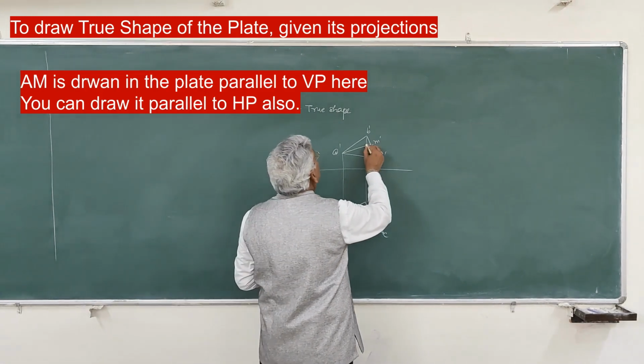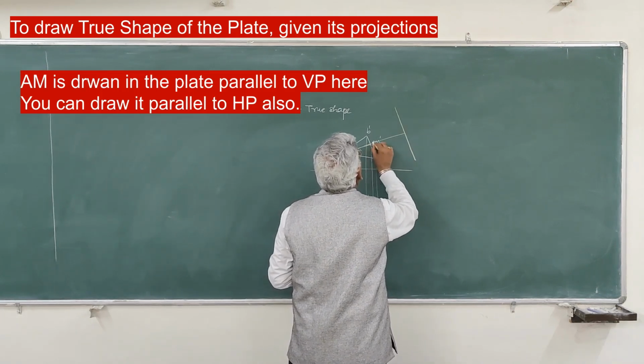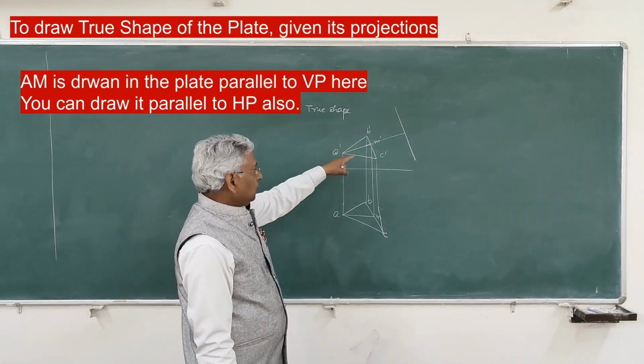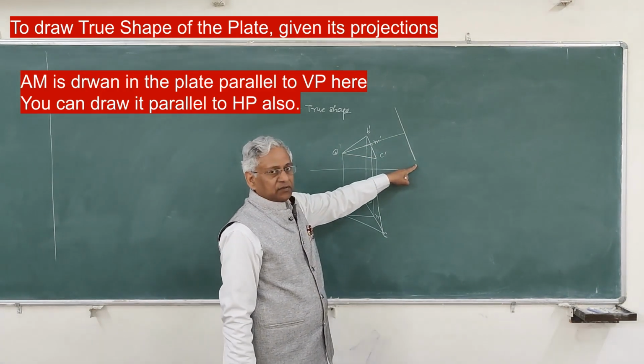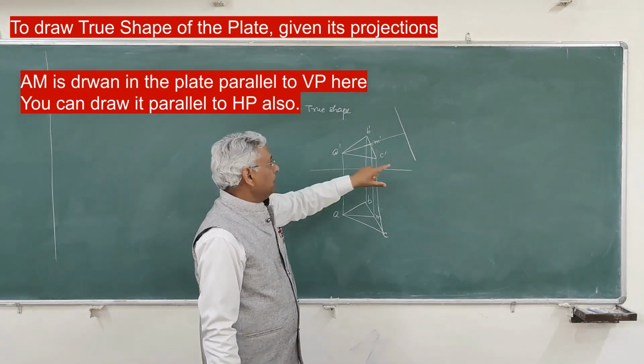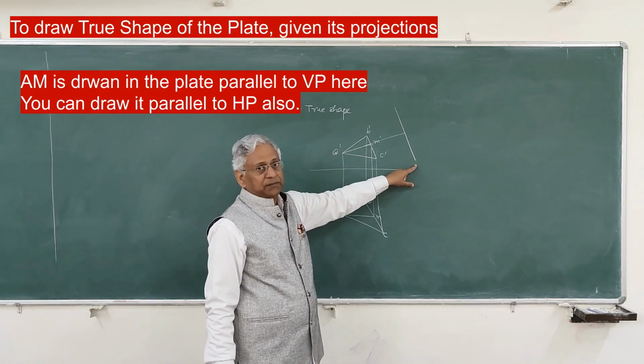So take a plane perpendicular to this line. Take a plane perpendicular to A dash M dash. Now this plane, which is now the auxiliary inclined plane, will basically be perpendicular to the plate.